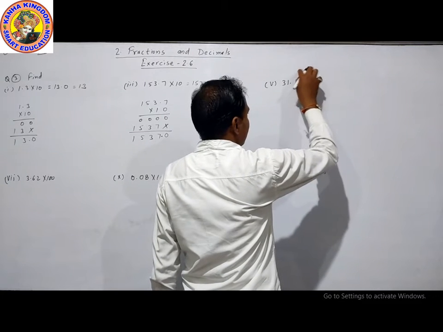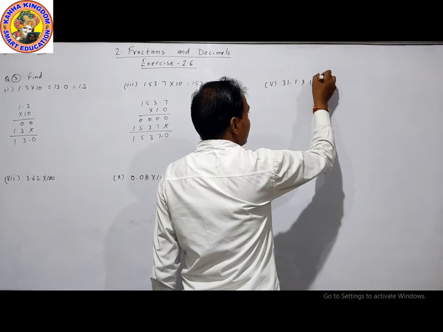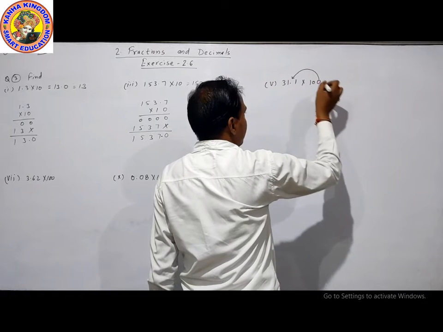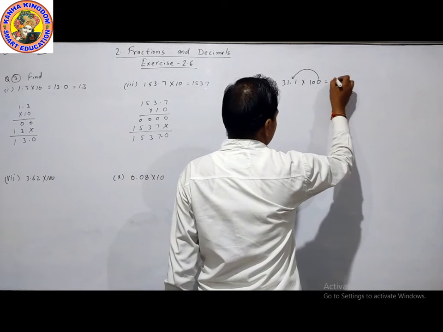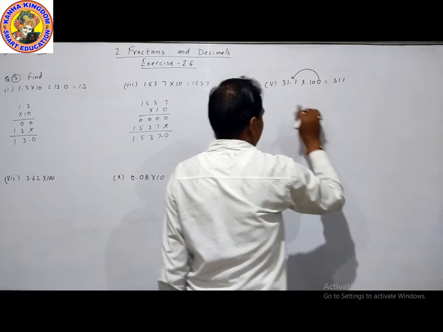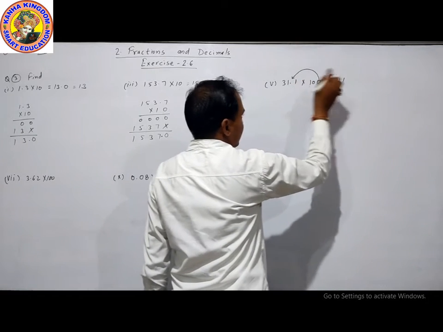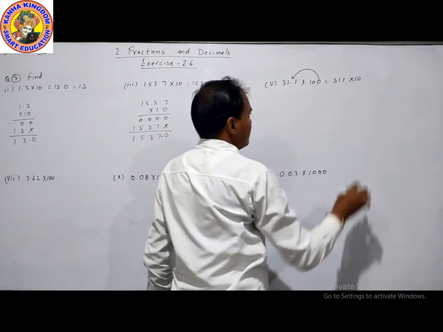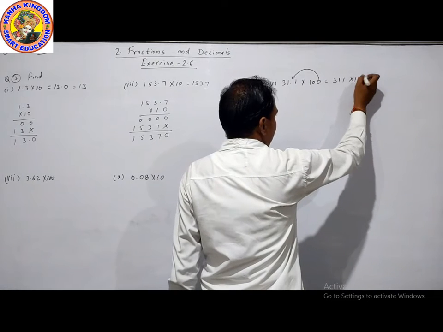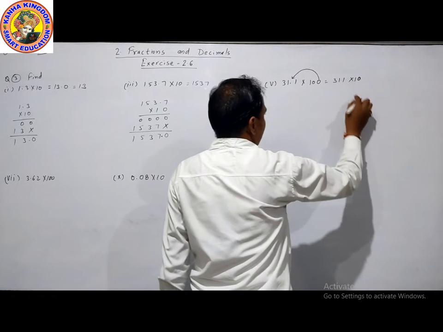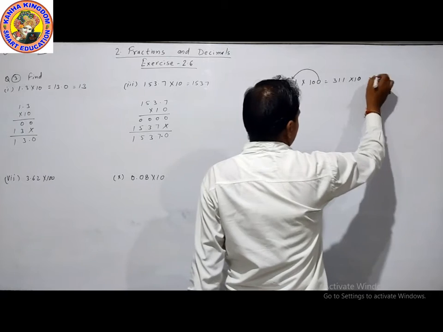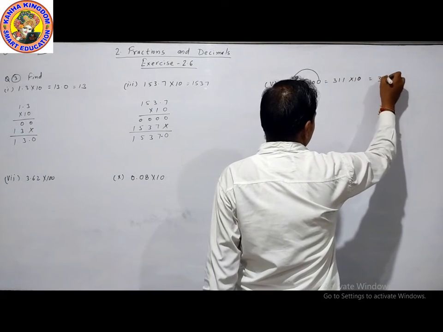Next is this one. The decimal point can shift by one digit. So the decimal point is shifted to here, and then multiply by 10. After multiplying by 10, that 0 will come here, 3110.